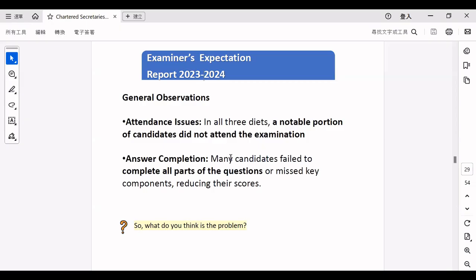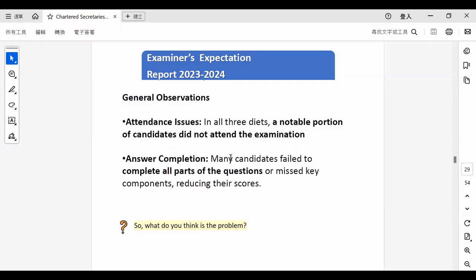So the second observation by the examiner is quite similar, and it says that many people could not provide full answers to all parts of the question, especially if there are subparts.